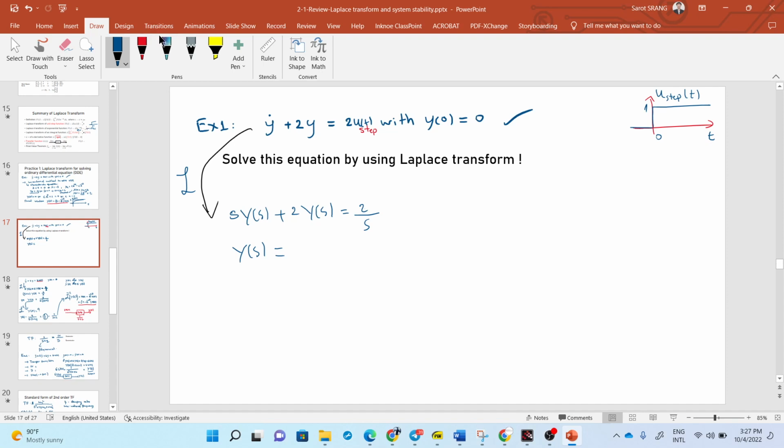Because you apply the Laplace transform to both sides, left hand side and also right hand side. So you have 2 over s plus 2, and then you make it into canonical form. You have this and you have this, maybe a minus sign here. Okay. How do you get the canonical form?